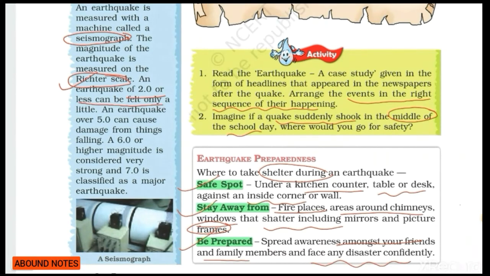An earthquake of 2.0 or less can be felt only a little. An earthquake over 5.0 can cause damage from things falling. A 6.0 or higher magnitude is considered very strong, and 7 is classified as a major earthquake.